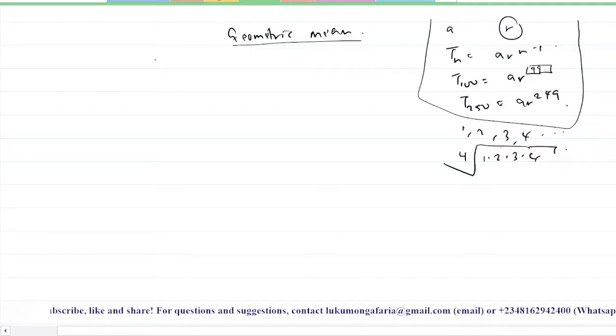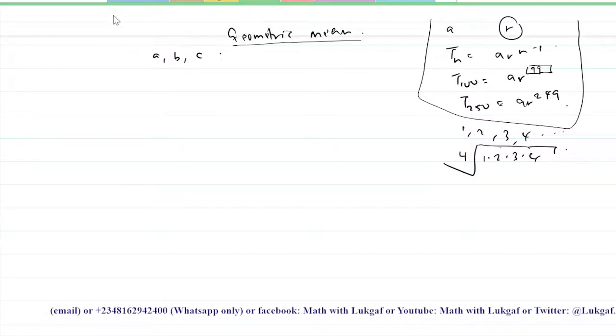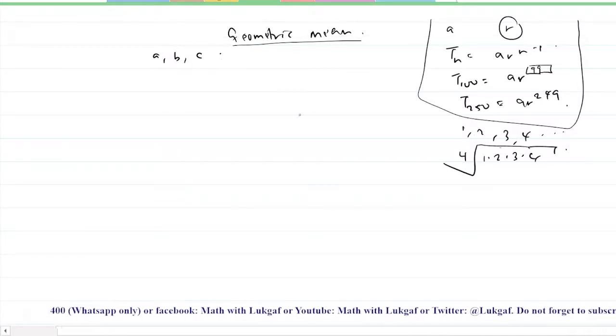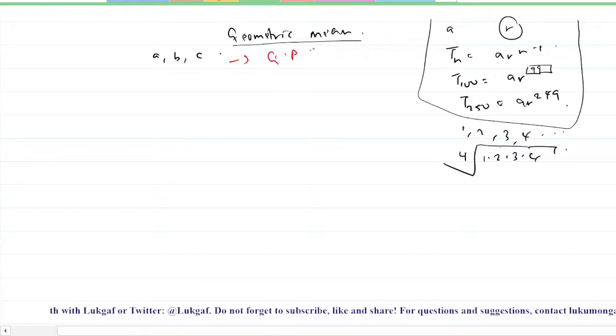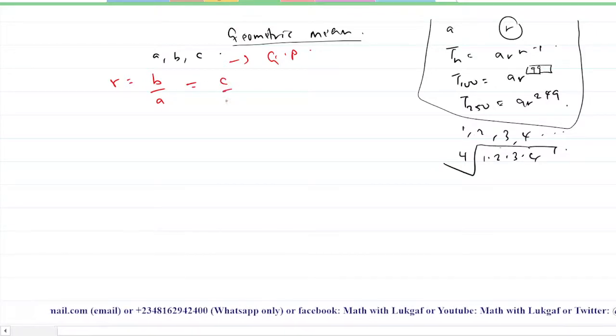Let's say I have 3 consecutive terms like this, A, B, C. It is a sequence, because it is an arrangement of numbers in a definite order. Let's say it is a GP. From the explanation I gave, your common ratio R is going to be B divided by A, that is, the second term divided by the first term, or the third term divided by the second term.